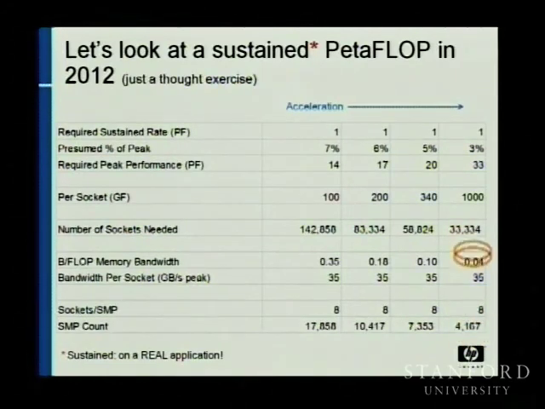So let's look at a petaflop, a sustained petaflop, and that means sustained on a real application. Depending on how much you're accelerating things, here I'm assuming a teraflop chip, but remember I'm breaking a lot of those ratios. I'm just assuming that I'm going to have 3% of peak floating point for useful floating point in my application. And as you go towards a more mainstream part, like a 100 gigaflop that's in the first column, I assume a 7% percentage of peak.